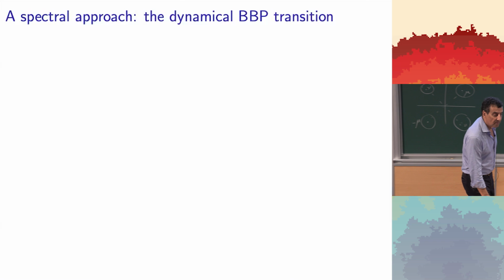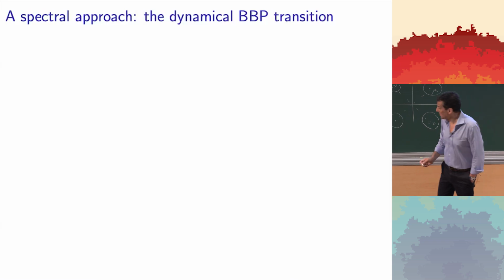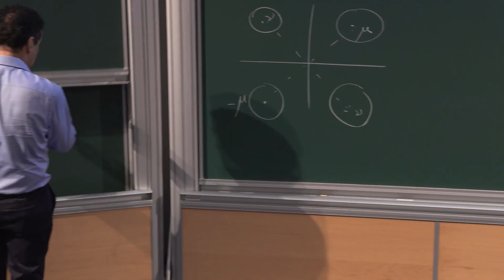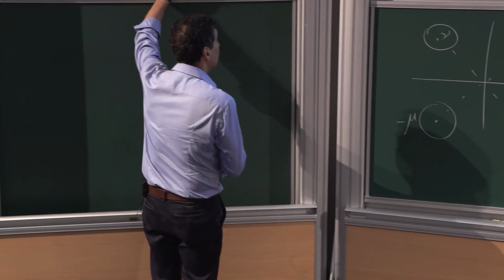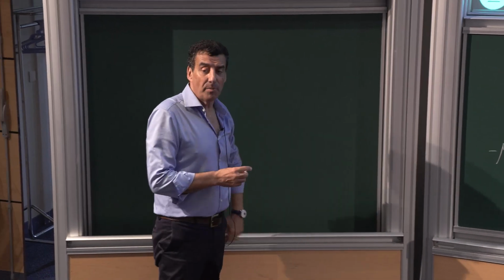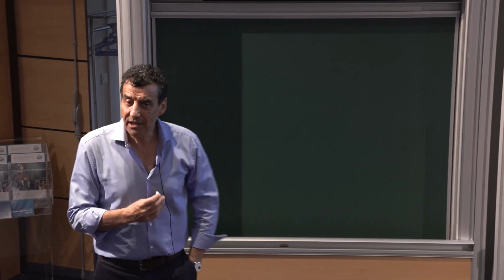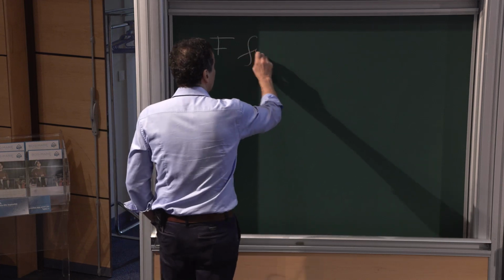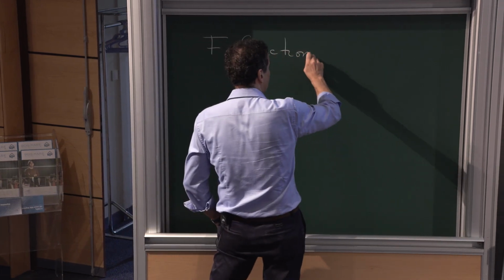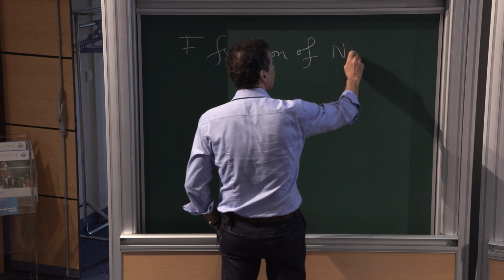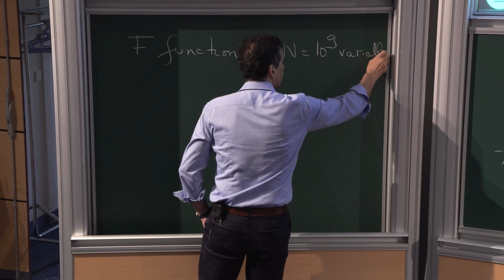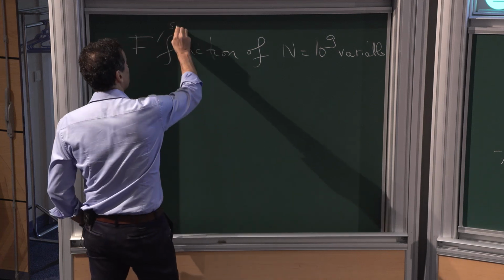Why spectral? Let's ask the question first, not even dynamically. Let's ask it topologically. I give you a function f of, let's say, n equals 10 to the 9 variables. Smooth, of course.